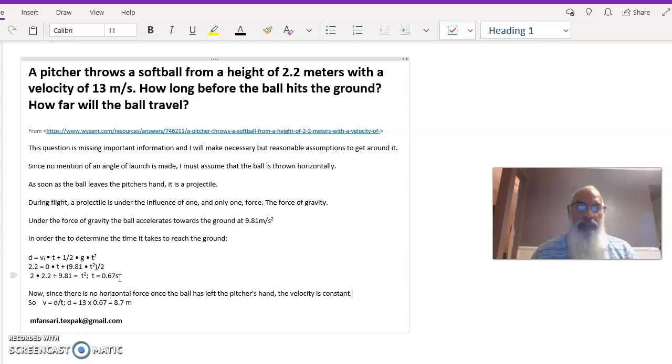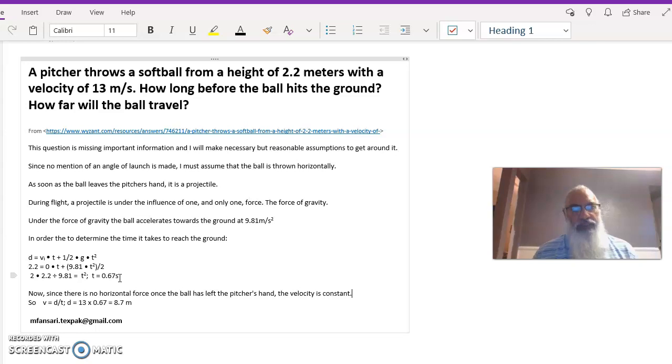Okay, so what do we know about that part of the motion? What we know is that the velocity is constant. Remember, there is no acceleration along the horizontal direction. And when there is no acceleration, there is no change in velocity. In other words, the velocity is constant.